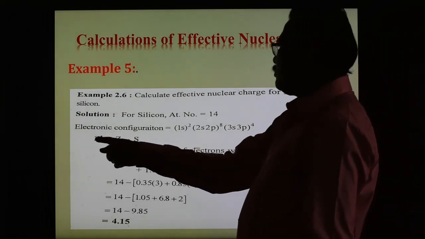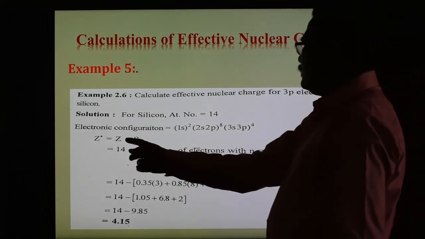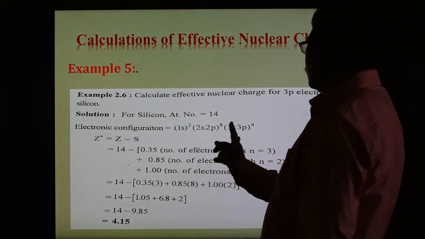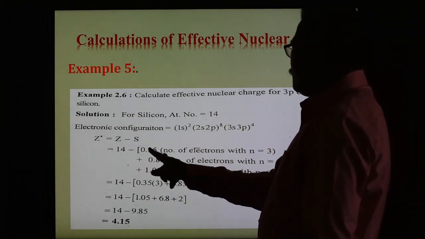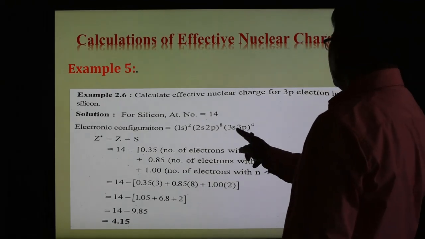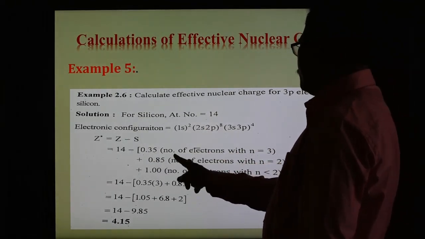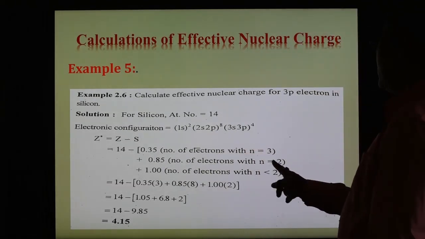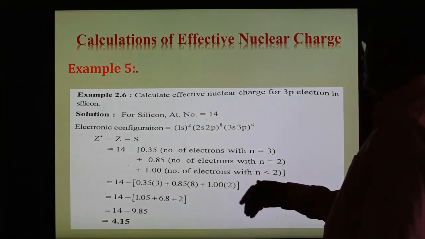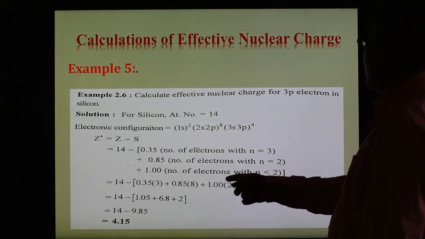Again, write the formula Z star equal to Z minus S. Now the atomic number is 14 minus. Start from this: for the ns-np group, the contribution is 0.35 into the number of electrons with n equal to 3. And for n minus 1, 0.85 into the number of electrons with n equal to 2. And 1 into the number of electrons with n minus 2 or less than that. So less than 2, 2 electrons are there.